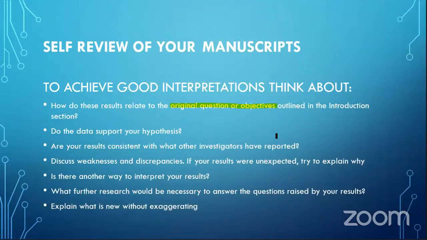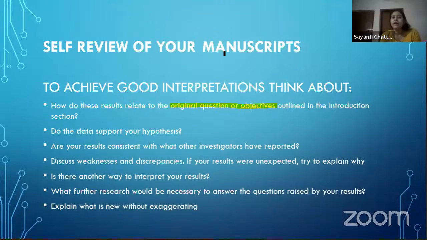So when you read it yourself, first ask yourself whether your original question or objectives are answered or not. Maybe you are sending to other journals, maybe IEEE, Springer, Taylor and Francis, Wiley, wherever, you should write your objectives in the paper, what you want to do.